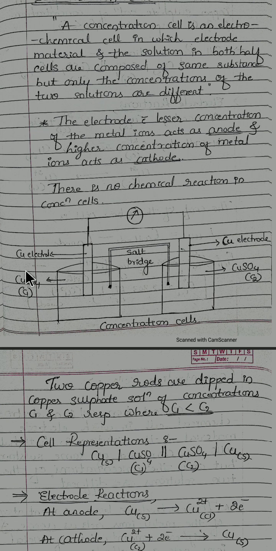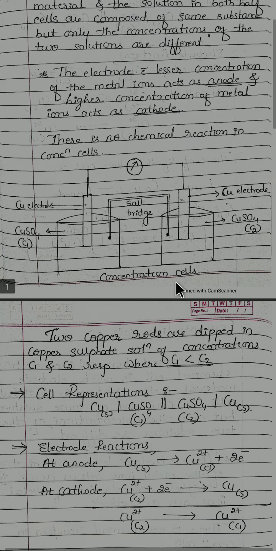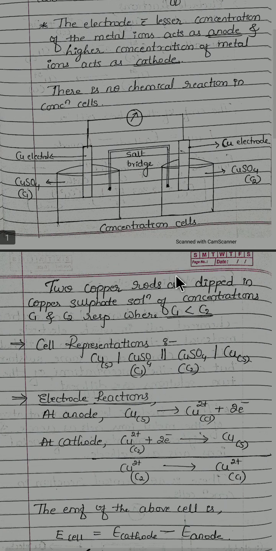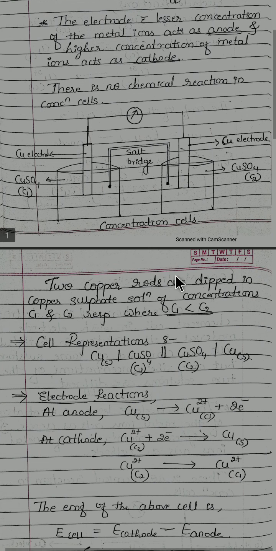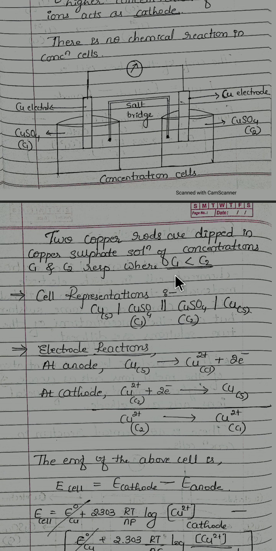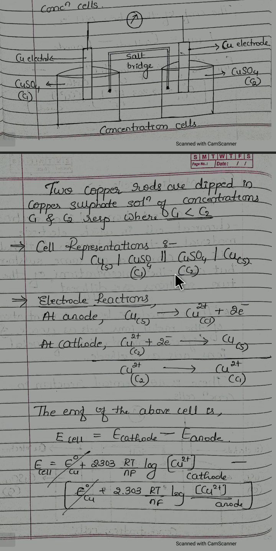So this will be anode and this will be cathode. This is the concentration cell. Always remember C1 is lesser than C2. Sorry, C1 is acting as anode and C2 as cathode.